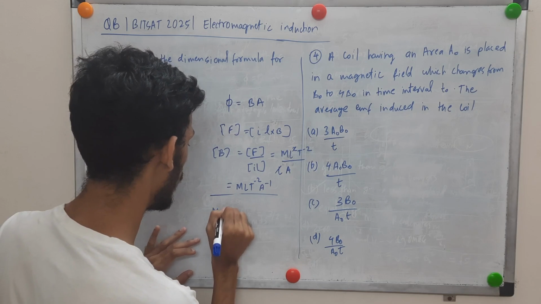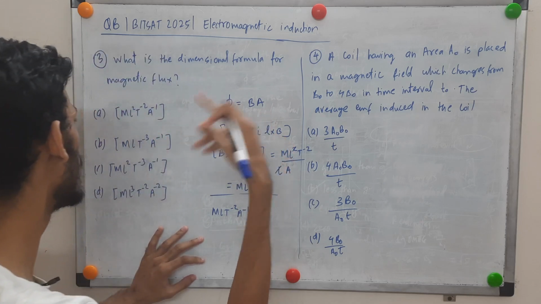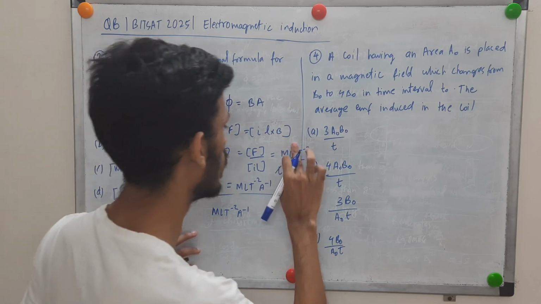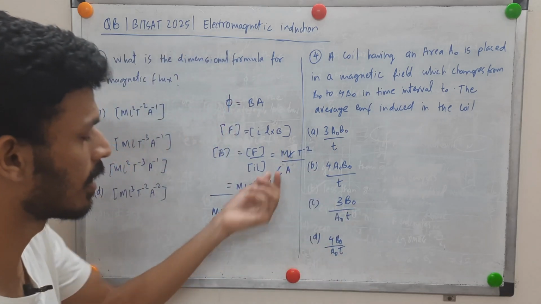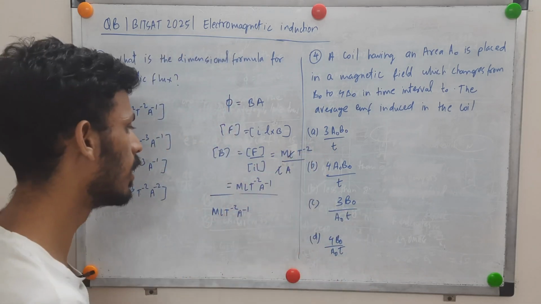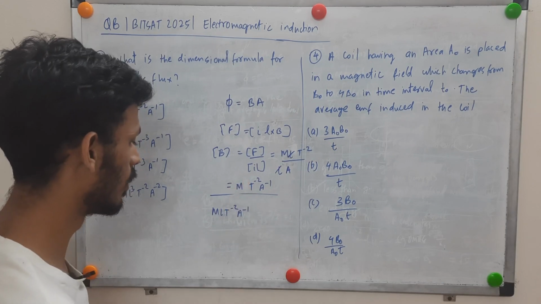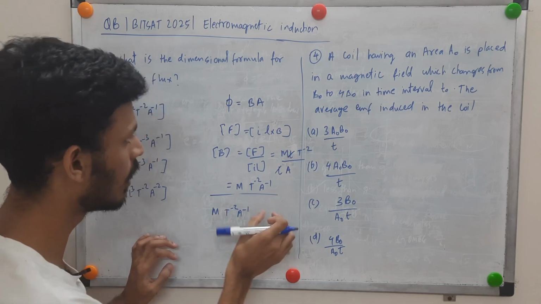Now phi will be M L T raised to minus 2, A raised to minus 1, and area is L square, right? Something is going wrong. Oh sorry, these are the dimensions of energy, right? Force is mass into acceleration, acceleration is meter per second square, right? So here we won't have an L, and here it will be magnetic field into area.